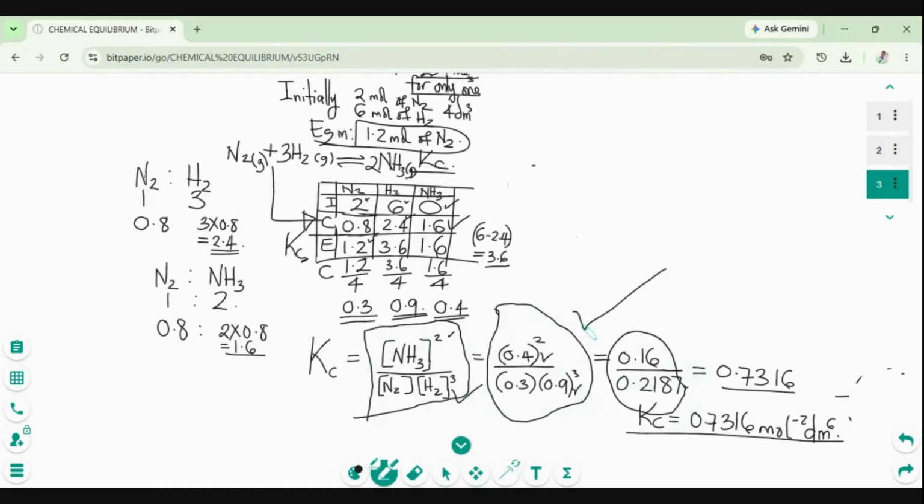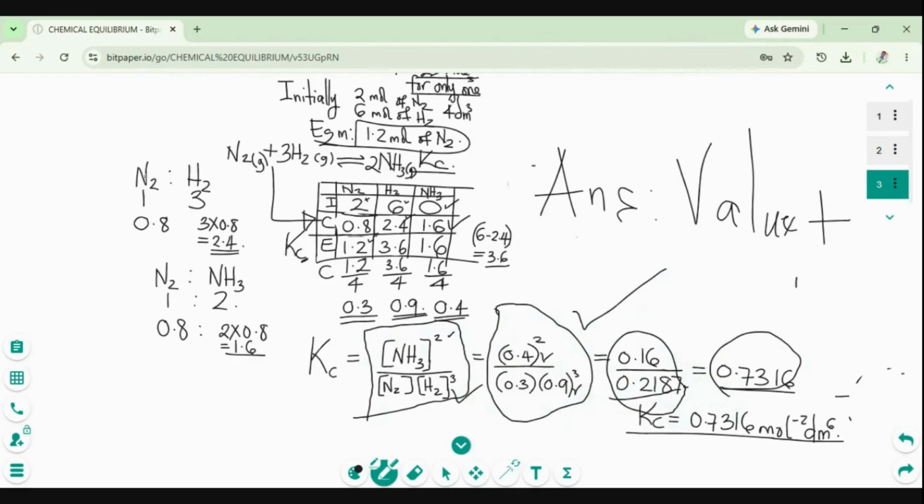But I always tell my learners, please be humble when you're solving numbers that have computation. Be humble, settle down, do it slowly, step by step. So finally, after you have this, if you divide this by this, you finally get this value. That is the value, but it is not the answer. The answer is value plus units. Very important. The answer in physical chemistry is the value plus units.